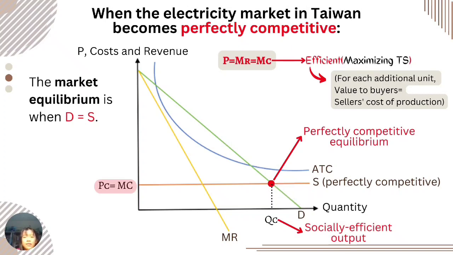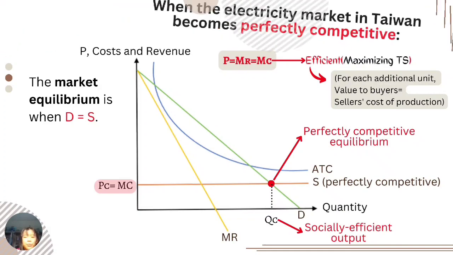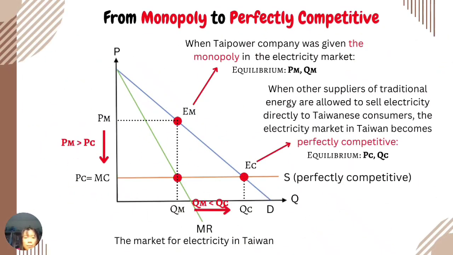So let us see the changes in equilibrium when the market for electricity in Taiwan changes from monopoly to perfectly competitive. As we can see from the first graph provided for the monopoly cases, when Taiwan Power Company was given the monopoly in the market of electricity, the equilibrium will be EM, which is PM and QM.